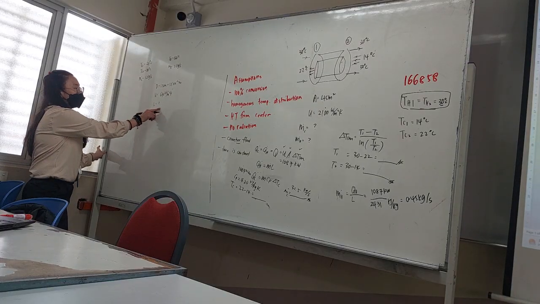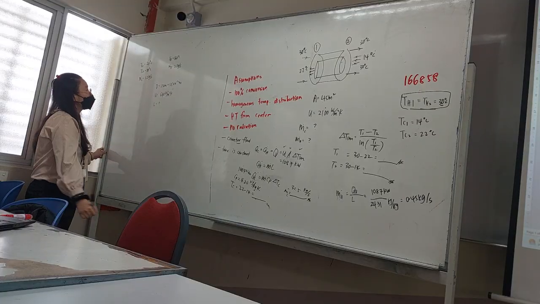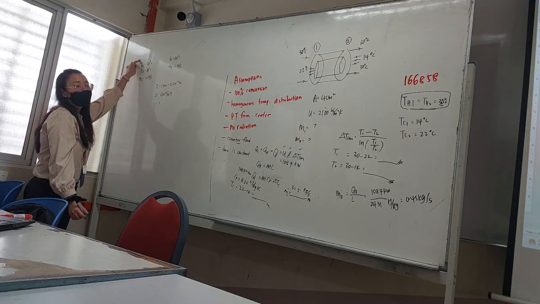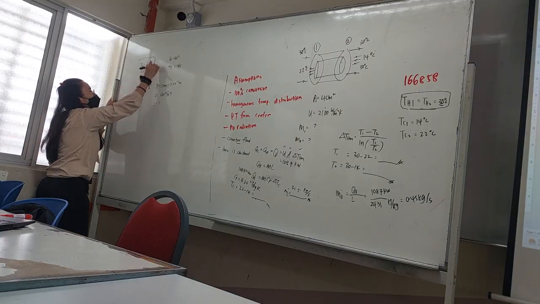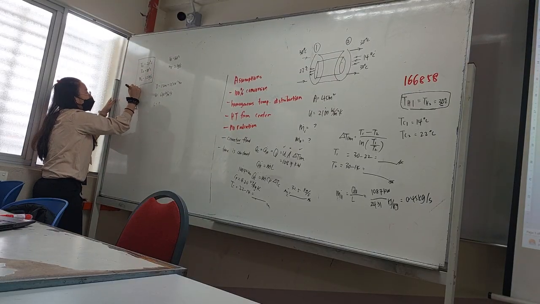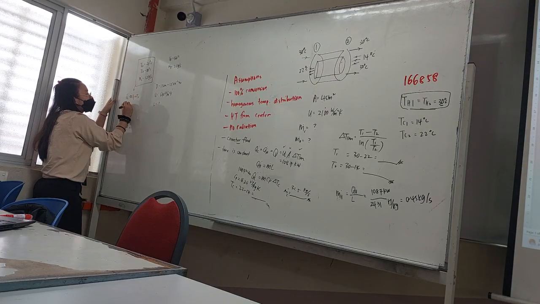L is related to the area. So you have the first information already. From the cold water part, you can calculate the Qc, so m dot Cp delta Tc.